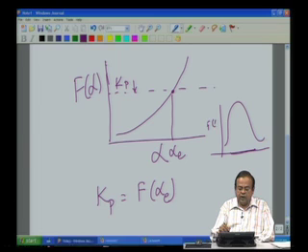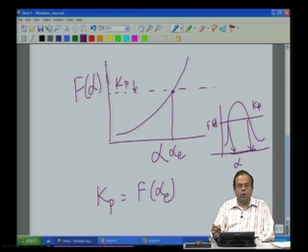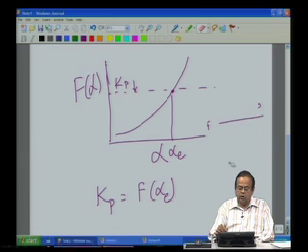So, if for some reason this was my alpha and I had my Kp value over here, there are two possible solutions. However, real thermodynamics, one can actually show it, this never occurs. So, this is the only possibility.